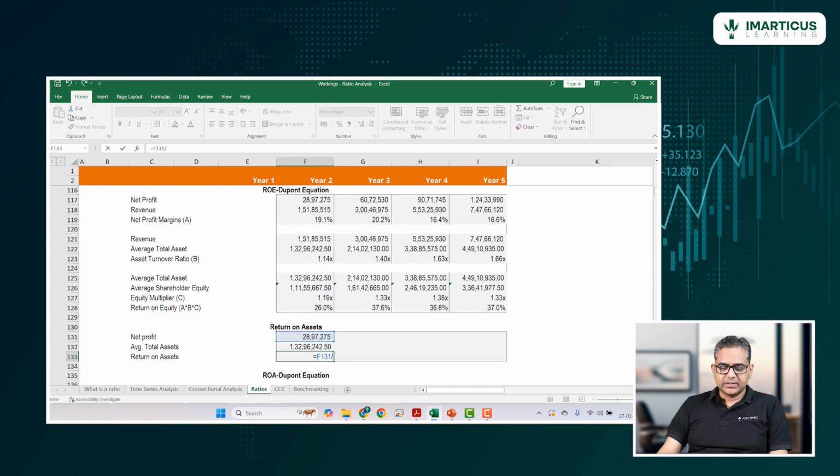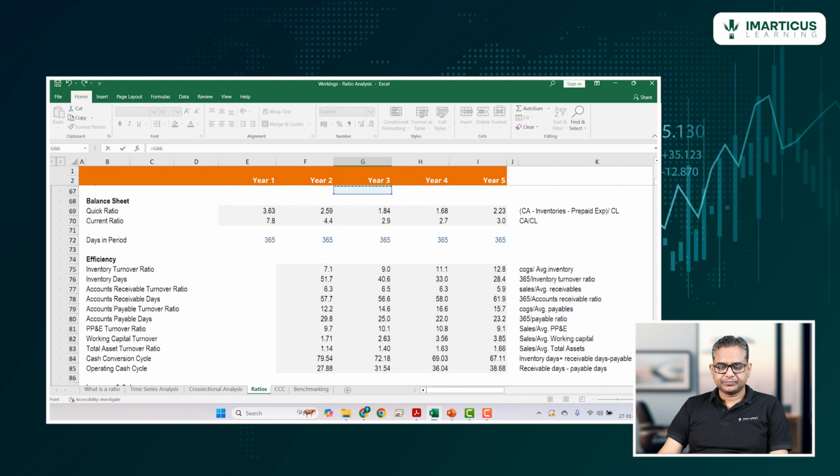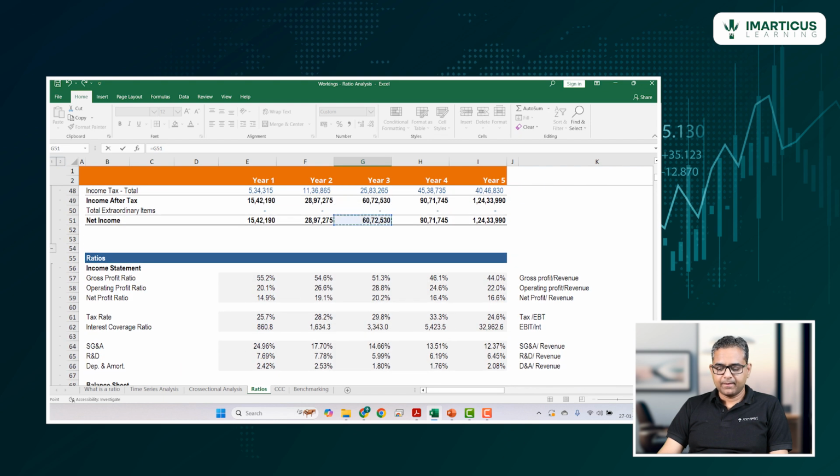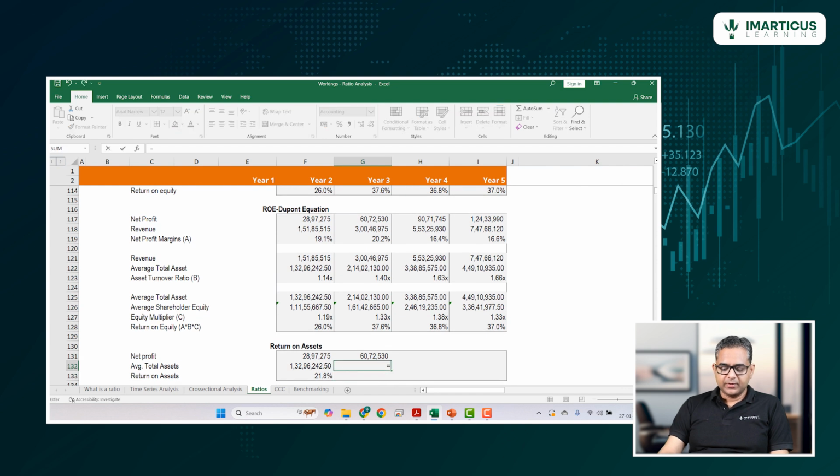Return on assets will be net profit upon average total assets. So calculating it again, net profit upon average total assets.